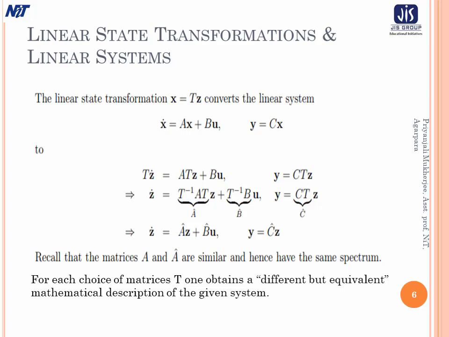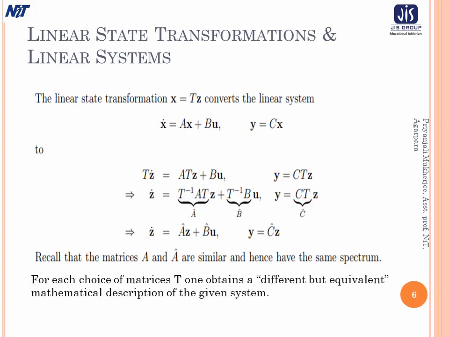So we can rewrite this in another domain: z dot equals A hat z plus B hat u, and y equals C hat z plus D hat u if D is present.